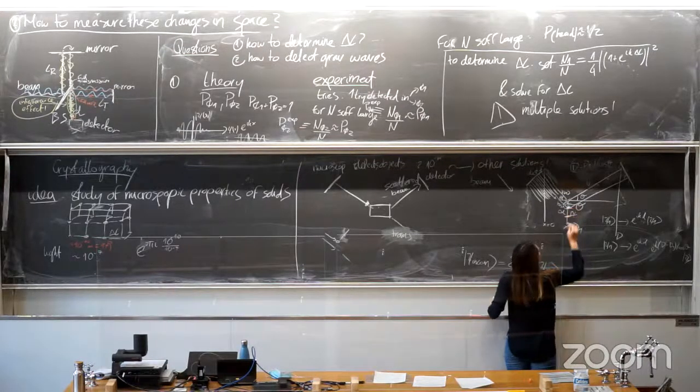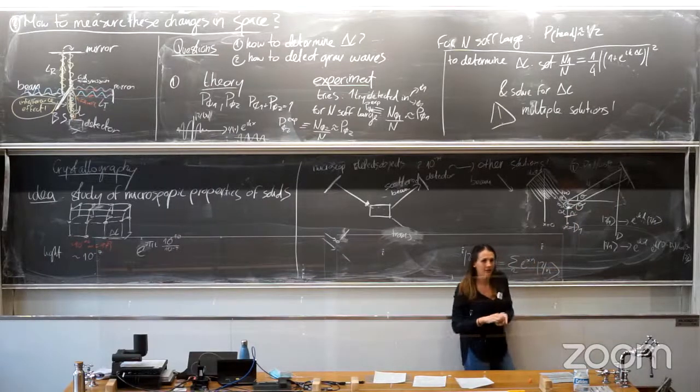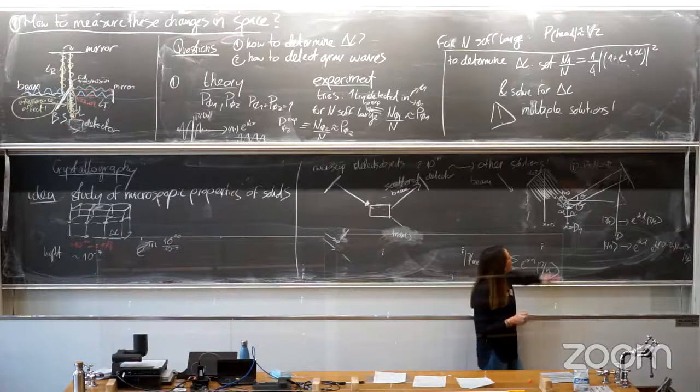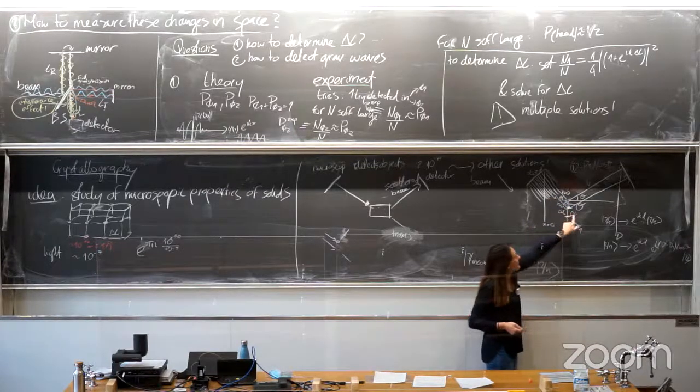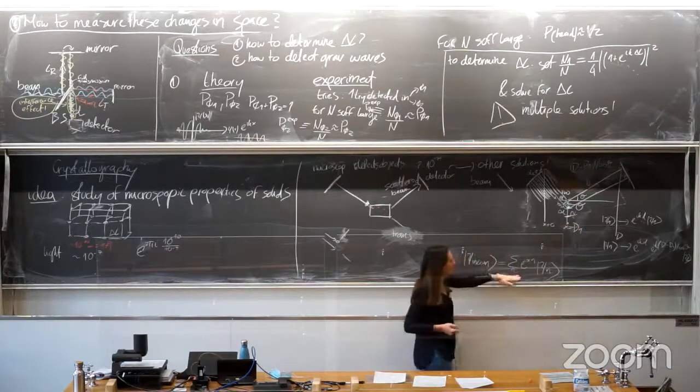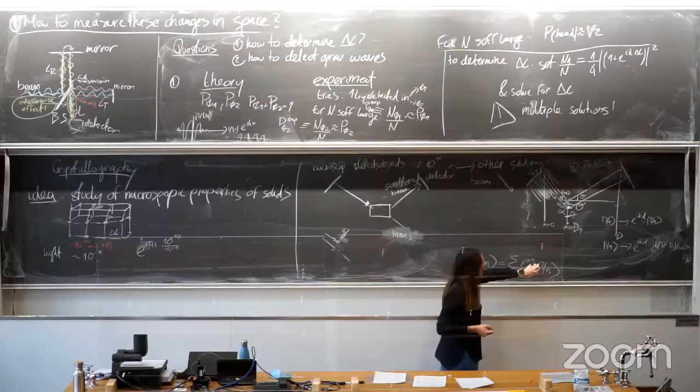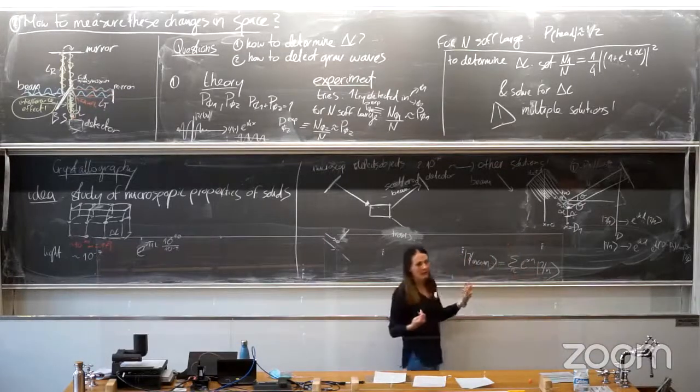So you should try to figure out how the difference of propagation is related to this delta L. And once you have the final function, how can you infer delta L?